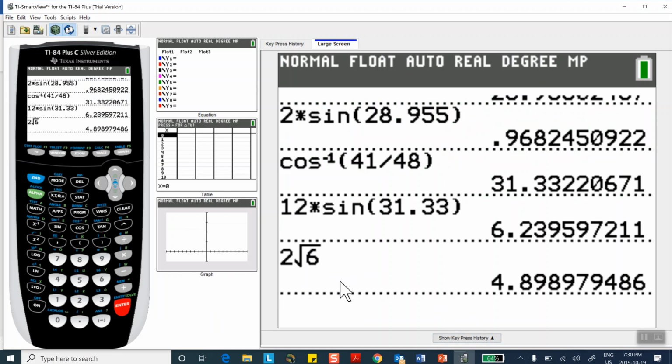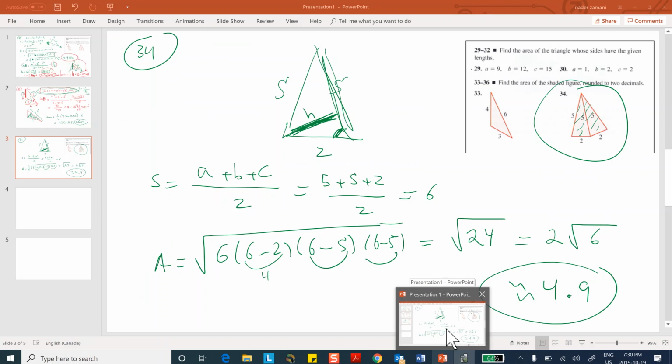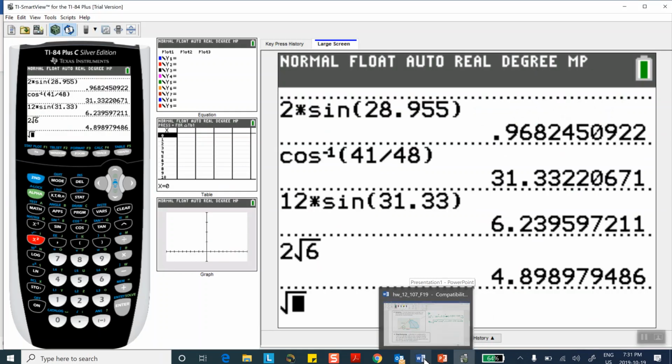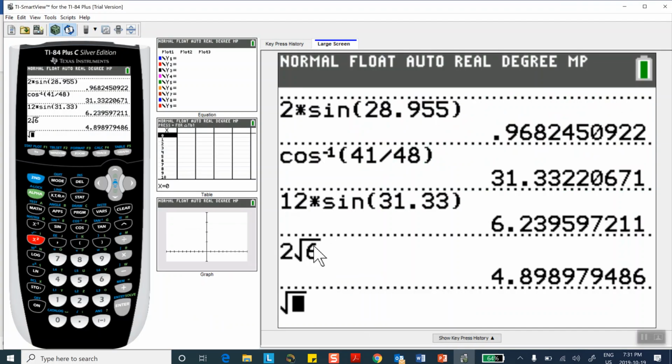Obviously, that means that on the quiz or test you have to bring your calculator. So second function, square root. Now I've got to go back to read these numbers. It wasn't here, it was there: 2.82, 3.56.